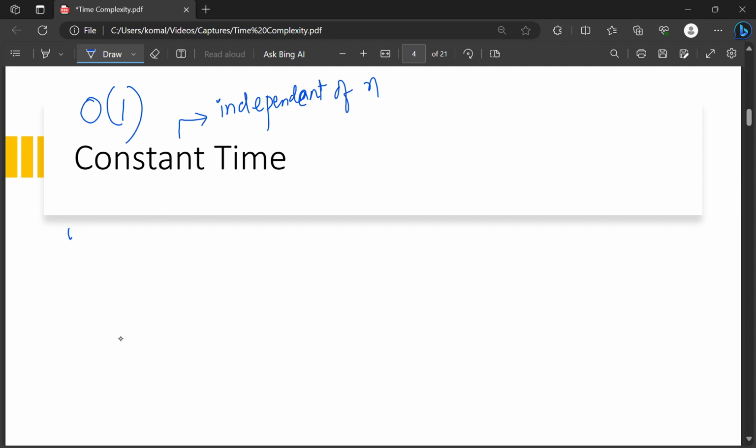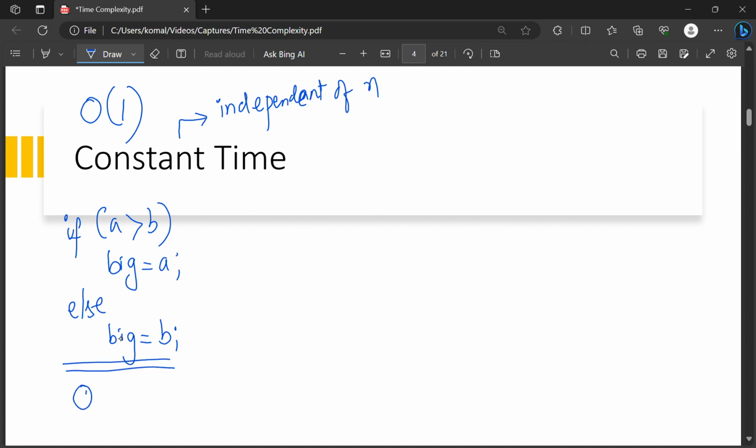Let me take one example quickly. If a greater than b, big equal to a, else big equal to b. Let us assume the statement is given like this. Is it depending on any input size? No. So for these kinds of statements, the time complexity is big O of 1.